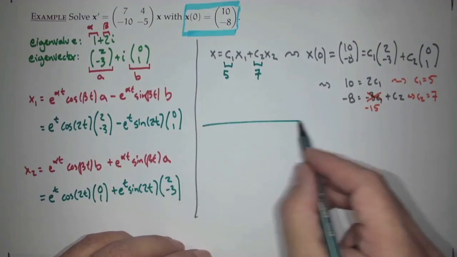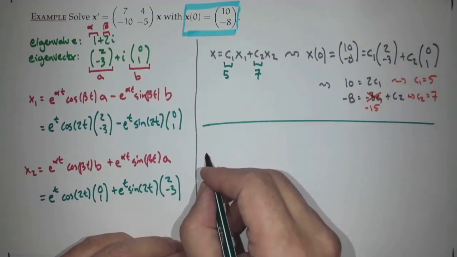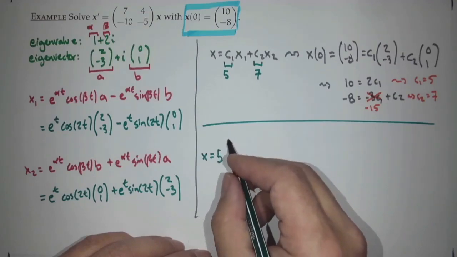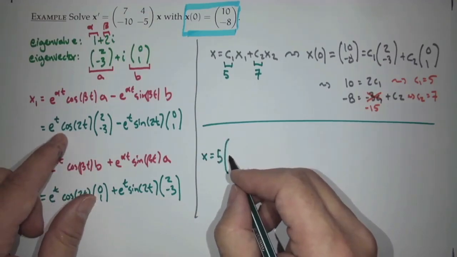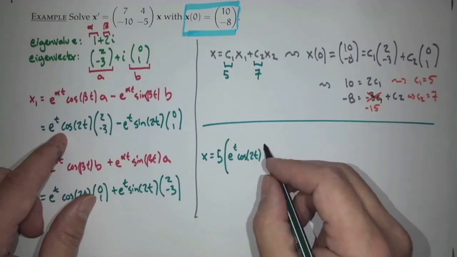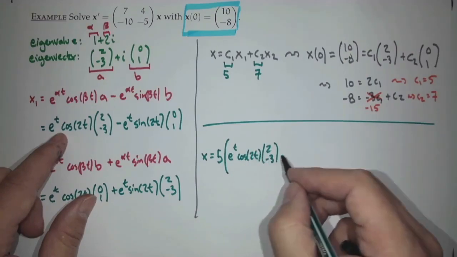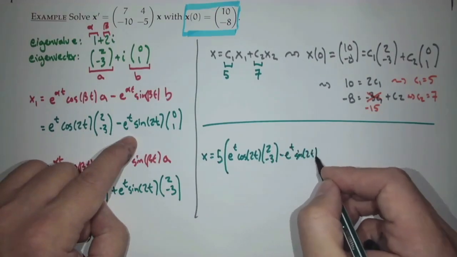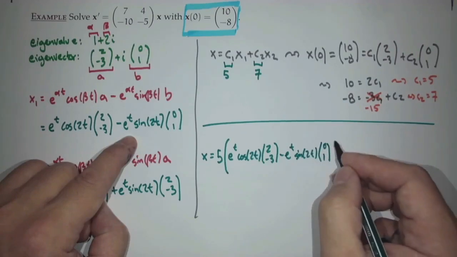So we can put it all together. So our final answer, x, is 5 times x1. So that's e to the t cosine 2t times (2, -3), minus e to the t sine of 2t times (0, 1).